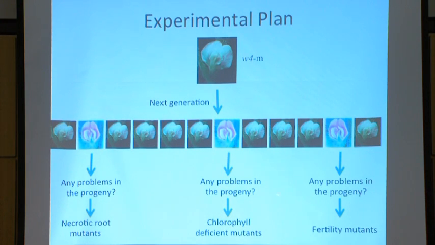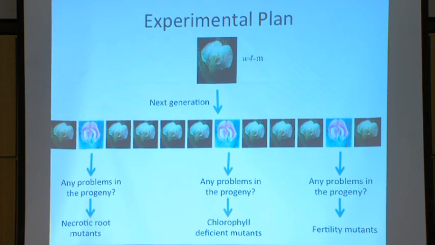Then the second type was chlorophyll deficient mutants. Chlorophyll is the green color pigment which is present in the plants. So if something goes wrong with that gene, then plants will appear yellow in color. So these were very yellow plants. Some of them were lethal. Some of them are viable. They can still live because there are other pigments present.